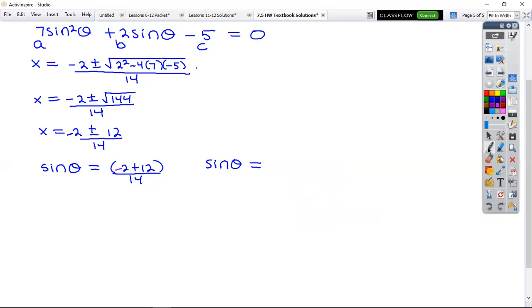Okay, so I have sine of theta equals 10 over 14. Okay, our reference angle should still be the same though. This is just going to bump me to quadrants 1 and 2. What was it, like 45 point something? 45.6.